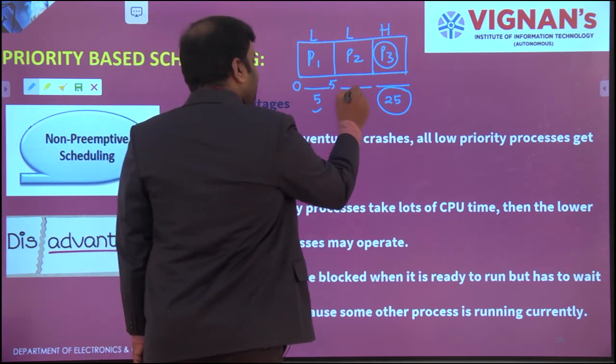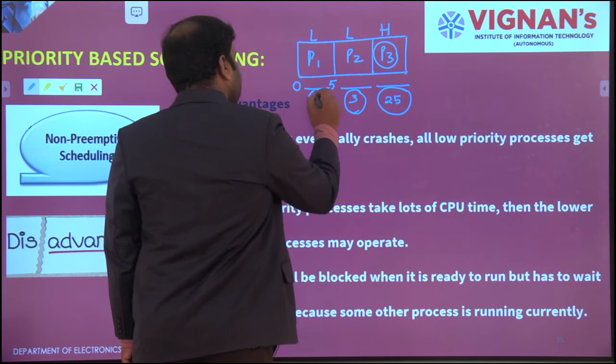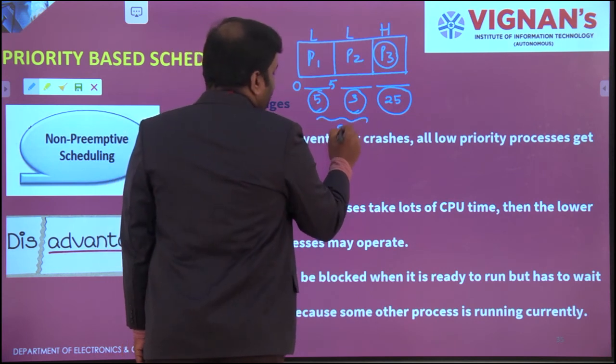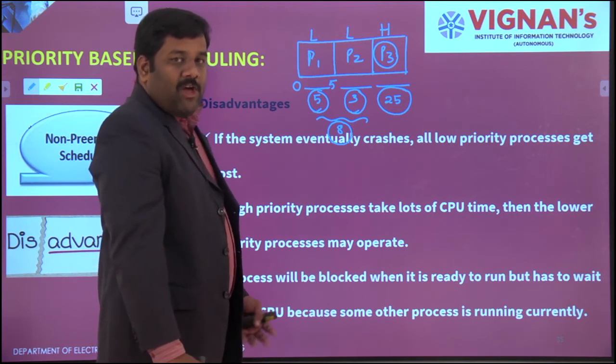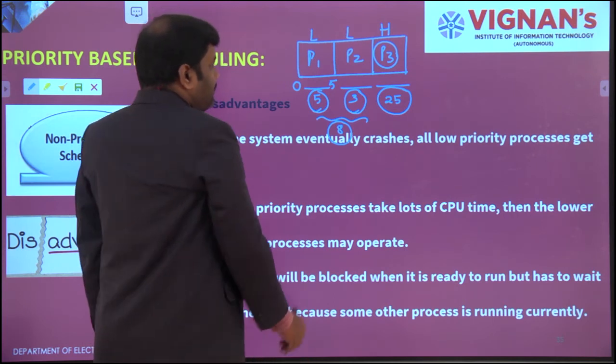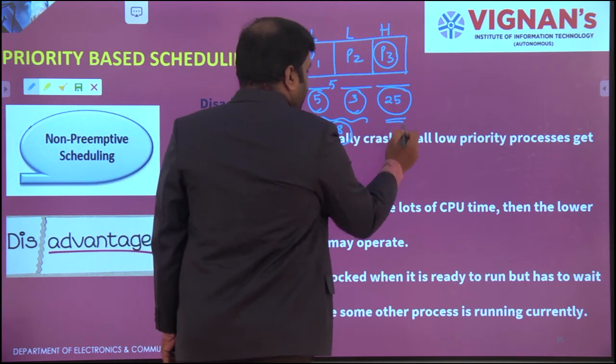Even though they need less time, 3 and 5 combined is only 8 seconds, P1 and P2 still do not have an opportunity to execute before completion of P3.